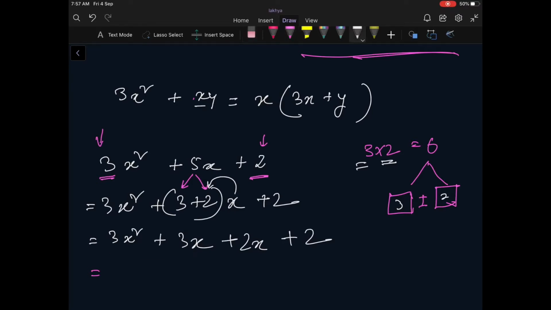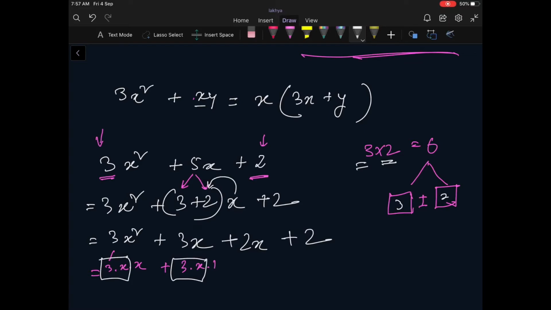So let me show you how. Here you see 3x square can be written as 3 into x into x, and 3x can be written as 3 into x into 1. From here you can clearly see 3x can be taken as common.